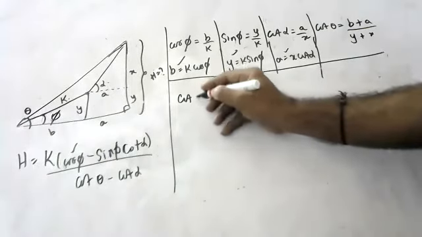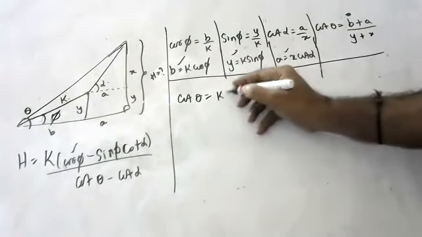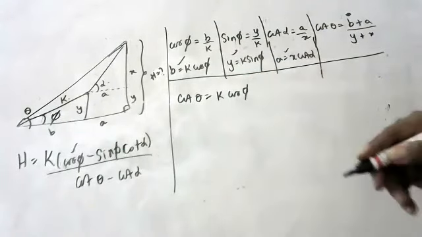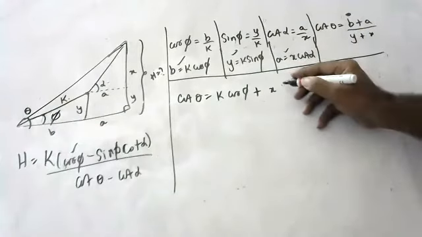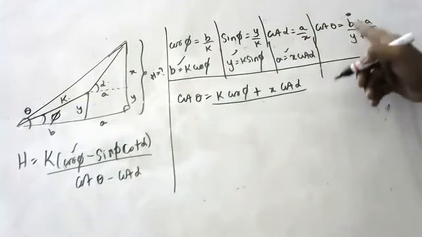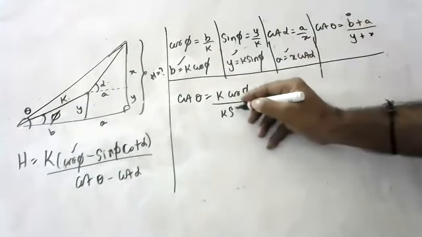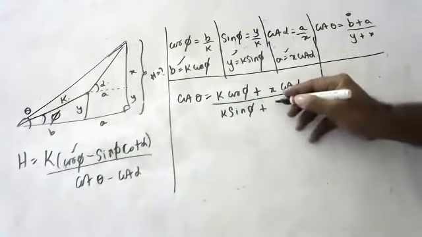So, children, cot theta is equal to, what is b? K cos phi. What is a? X cot alpha. What is y? K sin phi. And what is x? X is not found out.